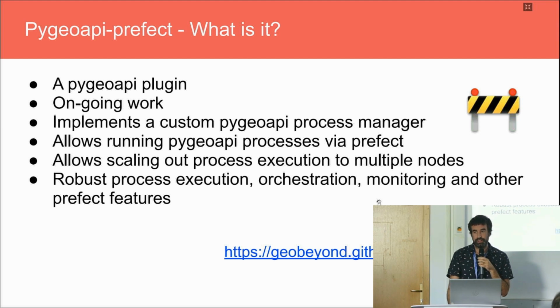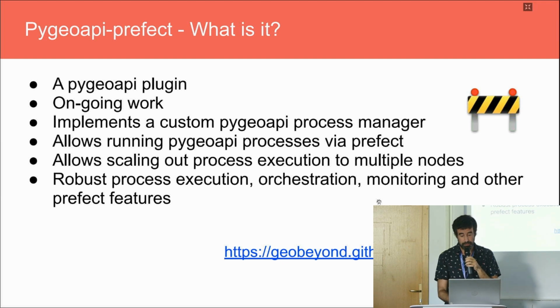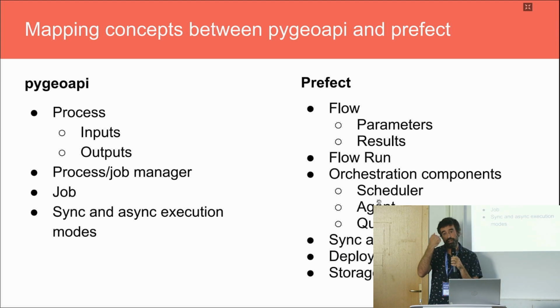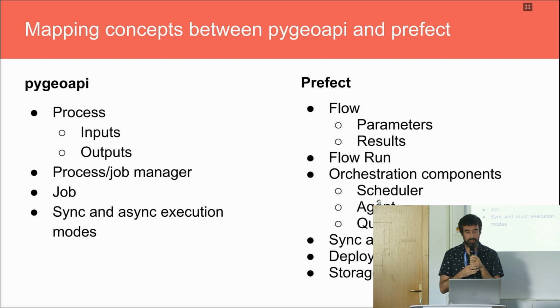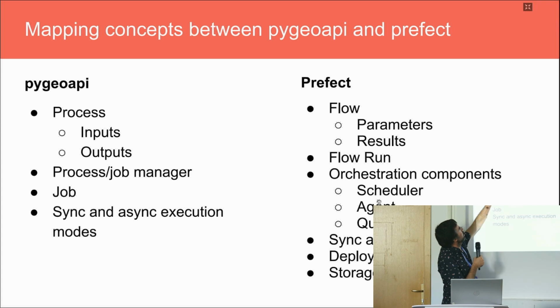It basically consists of a custom Pygeoapi process manager that we use instead of the core one from Pygeoapi, and it can be used to run both the normal Pygeoapi processes and some Prefect-enabled processes that we can create. The way these things map conceptually is that in Pygeoapi we speak of processes, jobs, inputs and outputs.